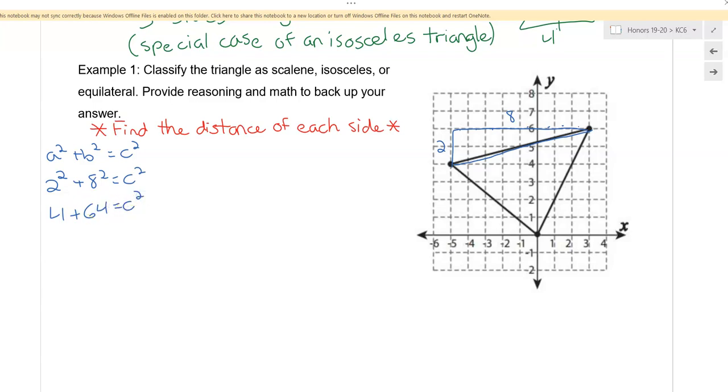Alright, so we have 4 plus 64, and 4 plus 64 is 68. So c equals the square root of 68. You can find the decimal, but this should be good enough.